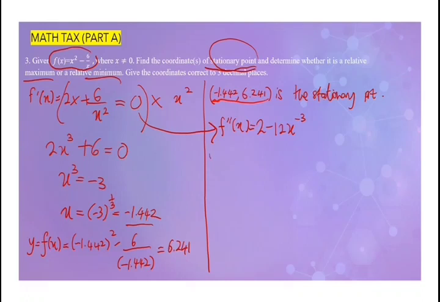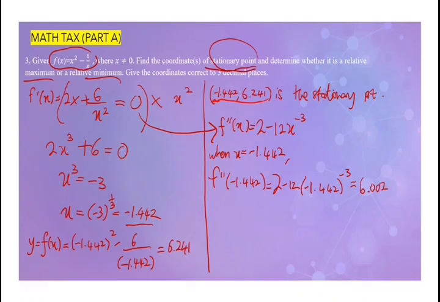So when x is equal to negative 1.442, our second derivative will be 2 minus 12 times negative 1.442 to the power of negative 3, we get 6.002.